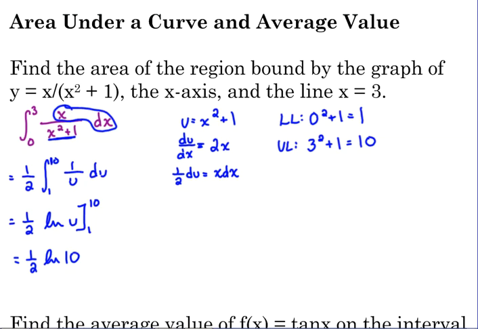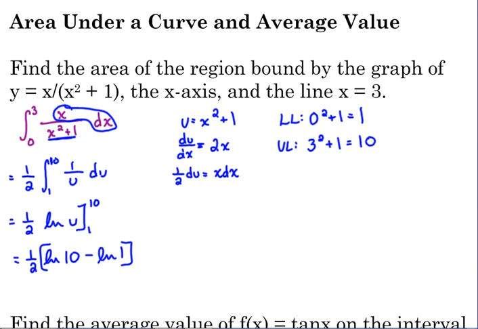I show you this because sometimes they have problems where they'll say which of the following integrals is equivalent to the original one, and they're wanting you to recognize a U substitution and that the limits have been changed. Technically you can plug in x squared plus 1 and leave it with 0 and 3. You still end up with 1 and 10. It's just a different way of looking at it.